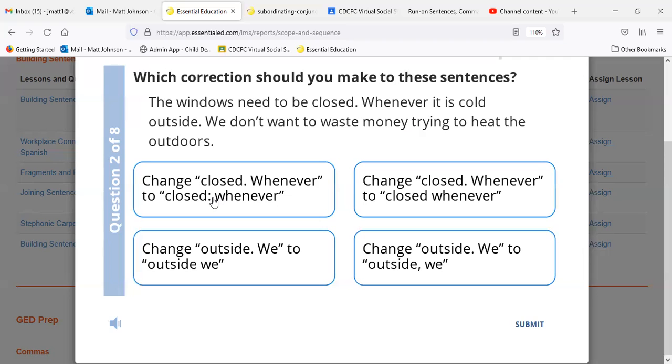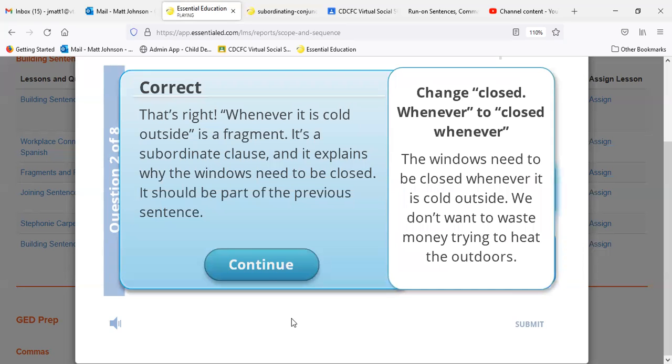This first option, that's a no-go, right? Because that's got a colon there, which would separate out information into a list or something like that. So let's just remove the period and add that to our independent clause. Right? So whenever it is cold outside is a fragment, it's a subordinate clause, and explains why the windows need to be closed. So it should be part of the previous sentence.